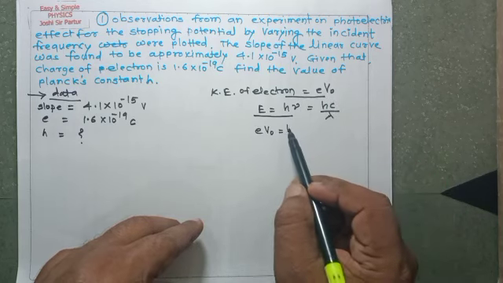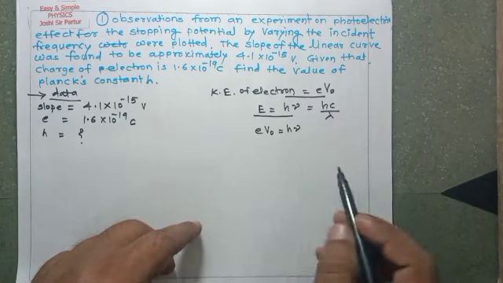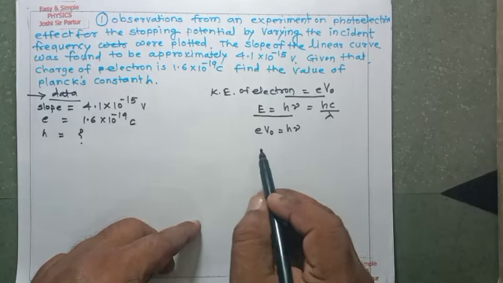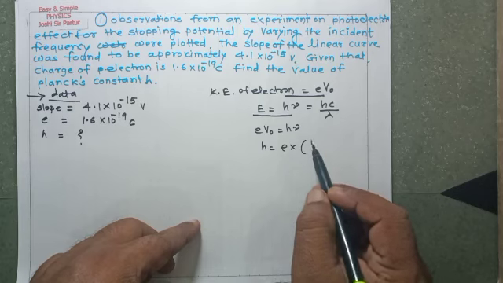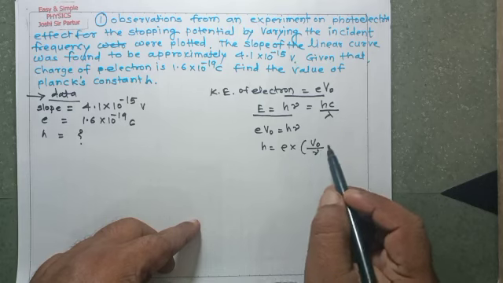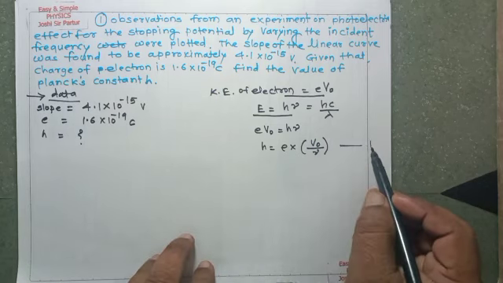So if we put this energy here, we can write eV0 is equal to h nu. We want to find h, so h is equal to e multiplied by V0 upon nu.